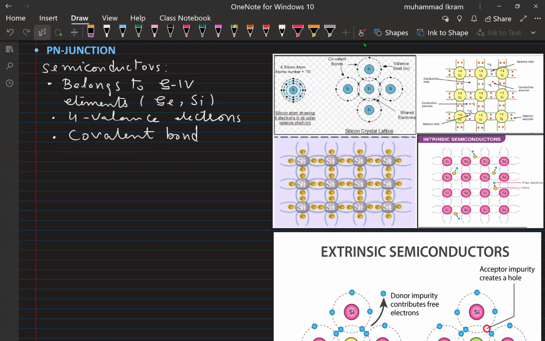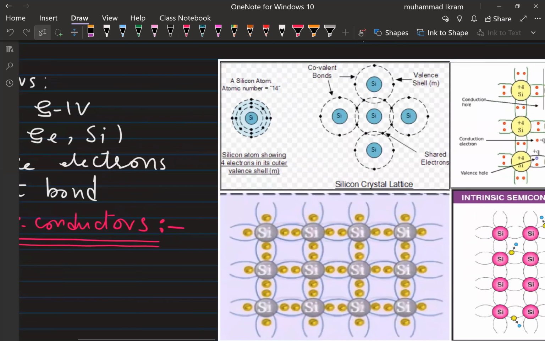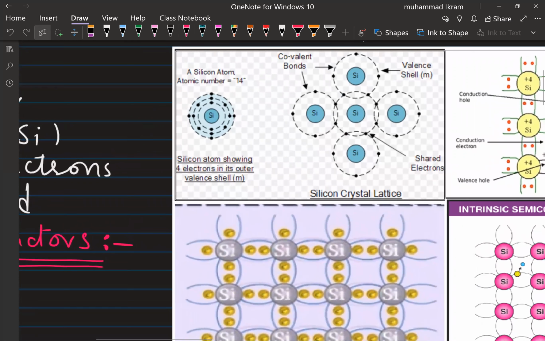The first one is the intrinsic semiconductor, and the other is the extrinsic semiconductor. Before explaining the intrinsic and extrinsic semiconductors, let us see here.